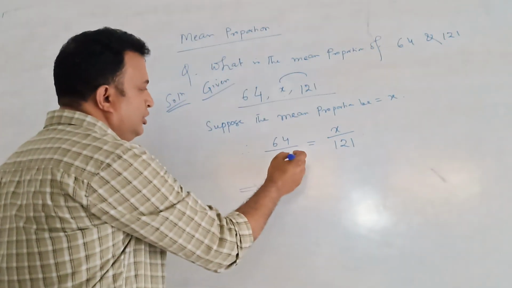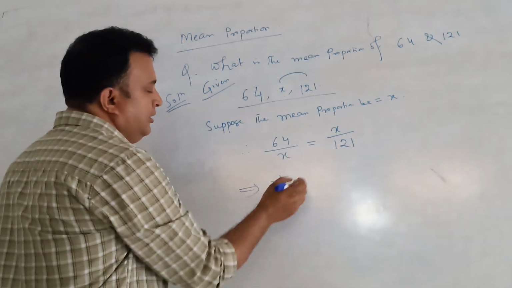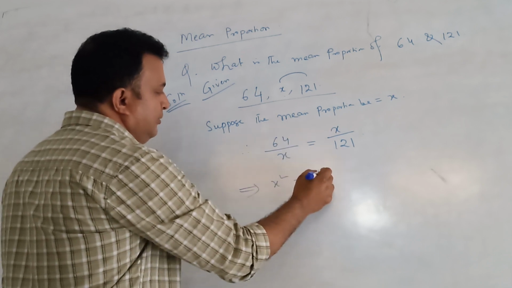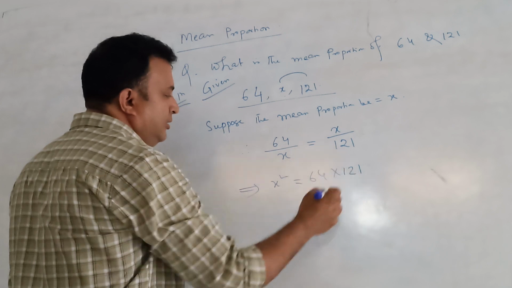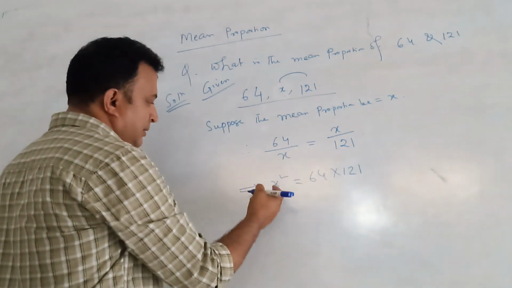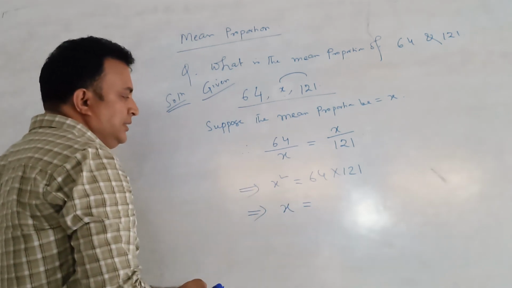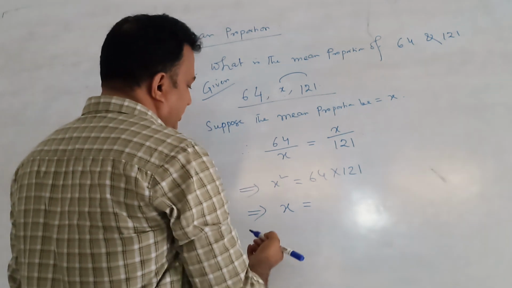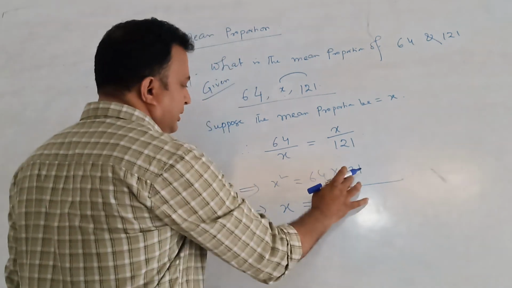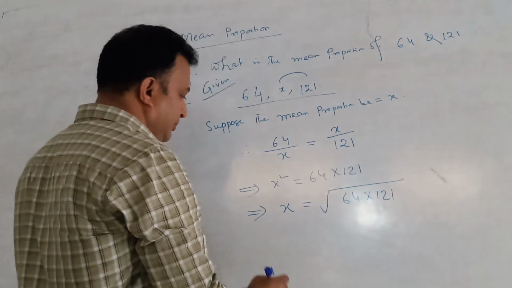Now how to find out x? You have to cross multiply these two terms, x and x square, and cross multiply these two terms, 64 into 121. Now here x square, we write only x, so for this square term you may take a square root in the right hand side, 64 into 121.